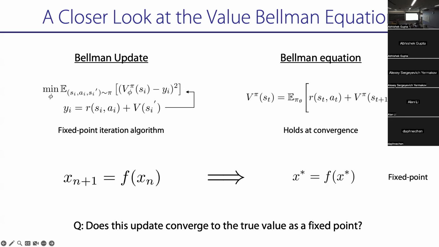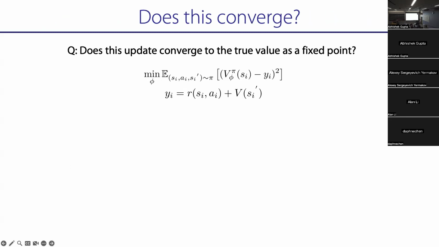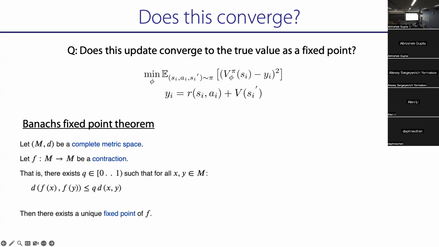Okay. So the question is, does this converge to the true value as a fixed point? We're going to use Banach's fixed point theorem here, which says that if you have a metric space with a norm or some distance metric D, and some function f which is a contraction, then repeatedly applying f is going to converge: there exists a fixed point, and that fixed point is unique.